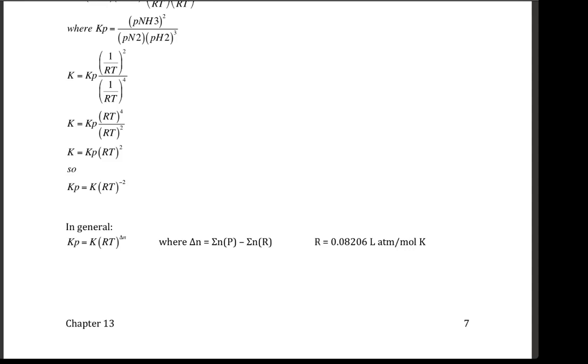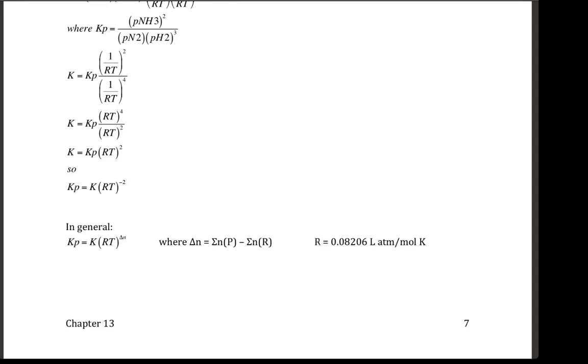So we look at our equilibrium reaction and we add up the stoichiometric coefficients of the products, and we subtract from that the sum of the stoichiometric coefficients of the reactants. That is delta N. That is the exponent on RT, and that times K gives us Kp. So whether we're given K or Kp for a given equilibrium reaction, we can always calculate the other one.